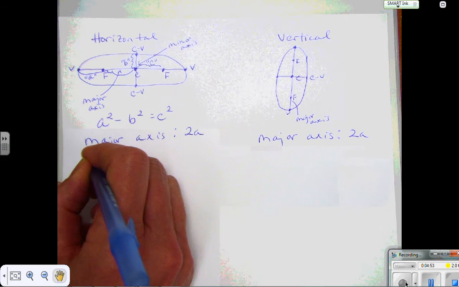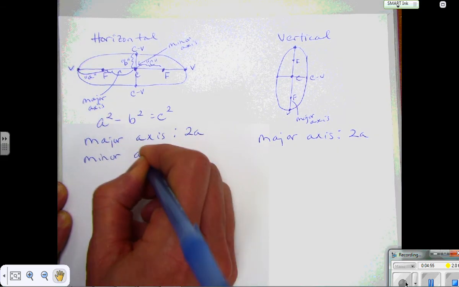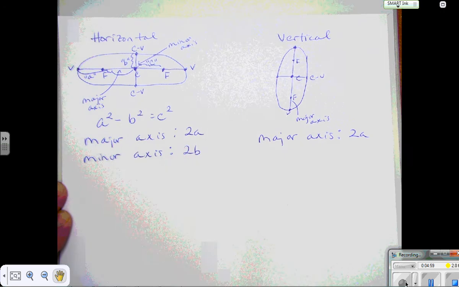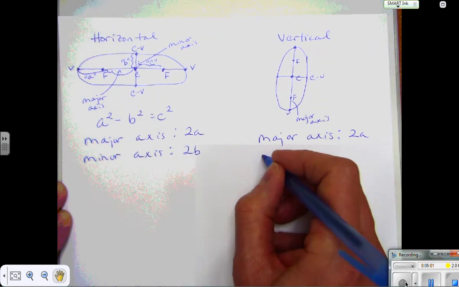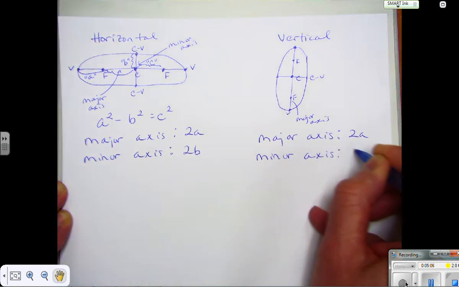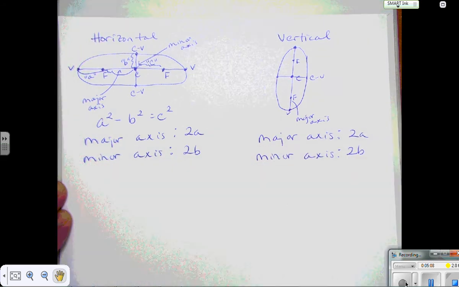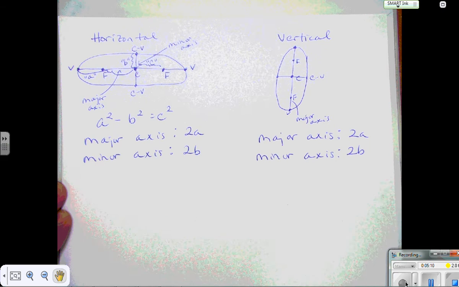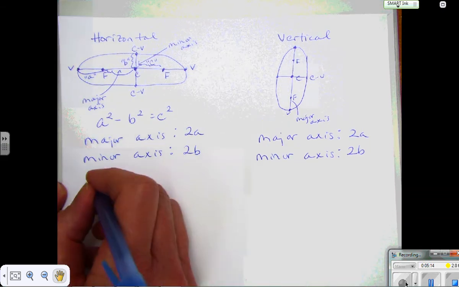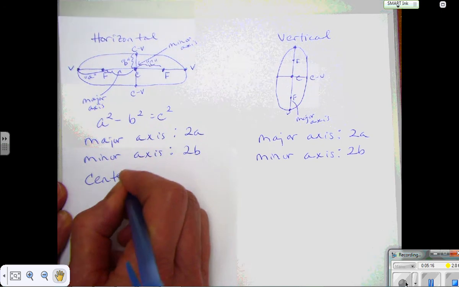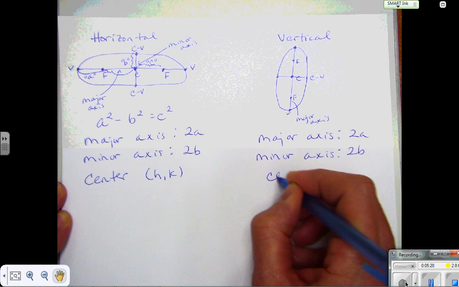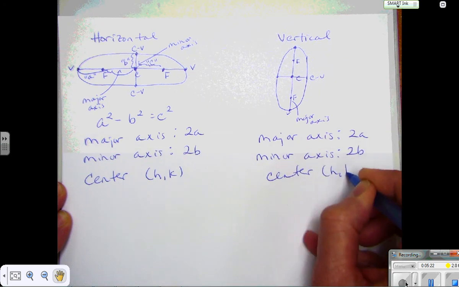Then your minor axis length is 2 times B because it's from co-vertex to co-vertex. And your center is whatever your (h, k) is. And that's true for both of those.